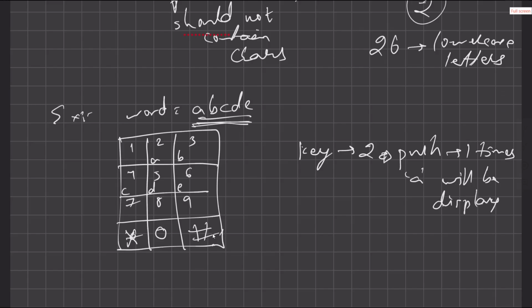Similarly, key 3, if you push one time, B will be displayed. Key 4, if you push one time, C will be displayed. So in this case, the answer is 5, because every character is displayed across different cells, and they are at the first position.